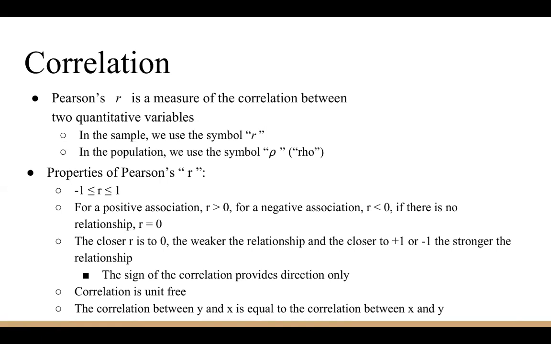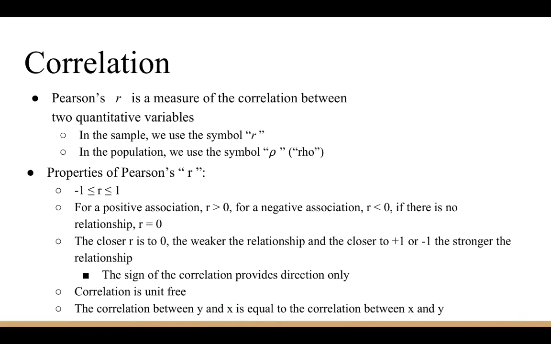So really the sign of the correlation, whether it's positive or negative, only provides direction. It doesn't indicate how strong or weak a relationship is, because it can be -1 but still be very strong.